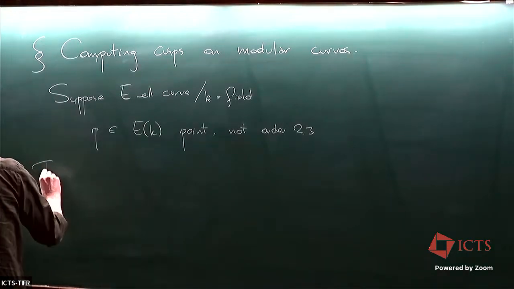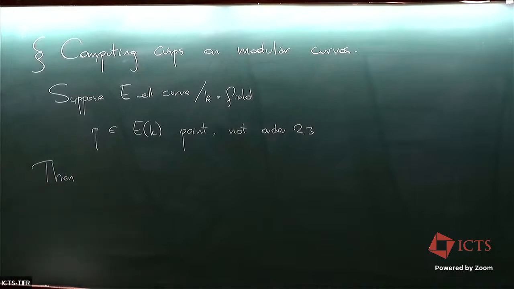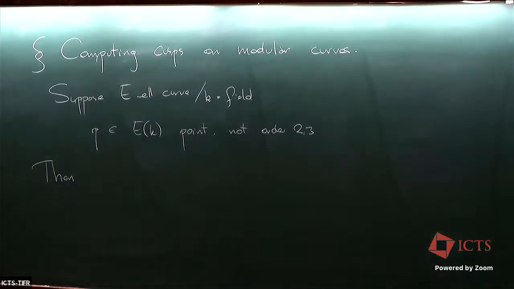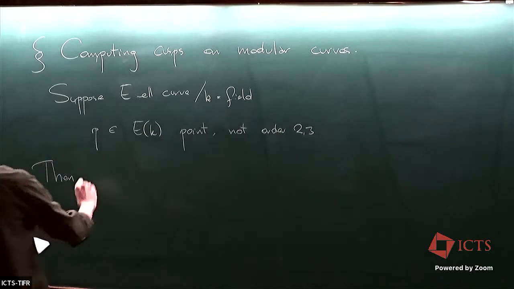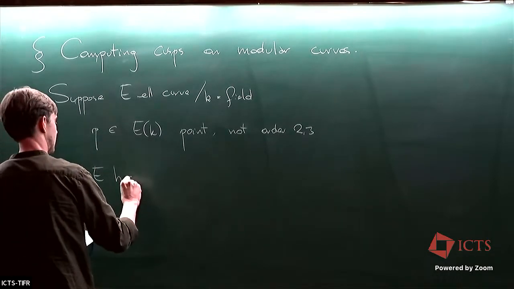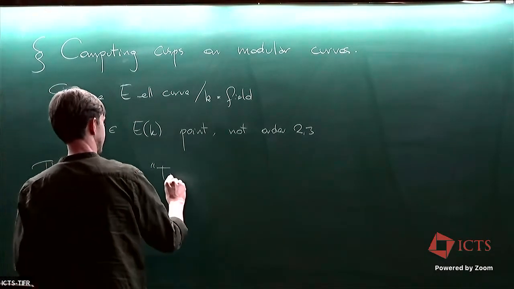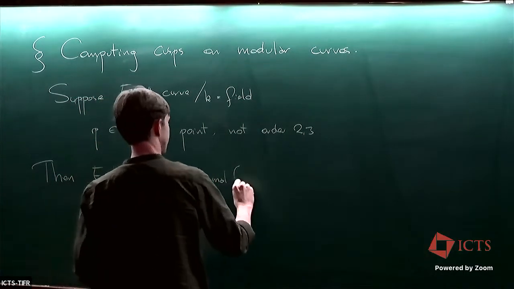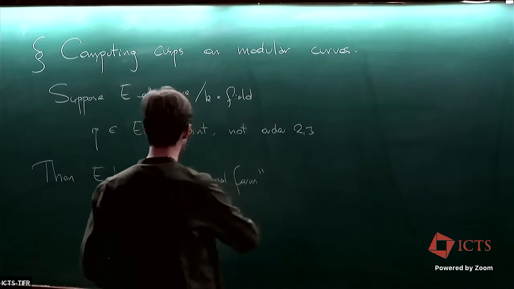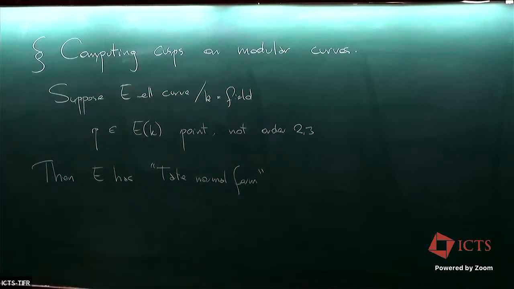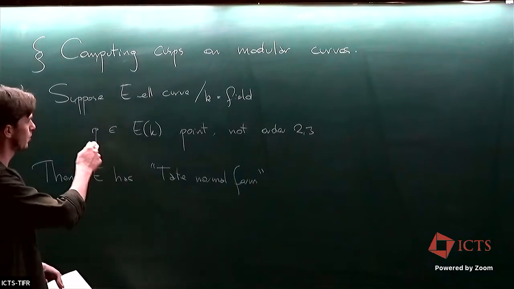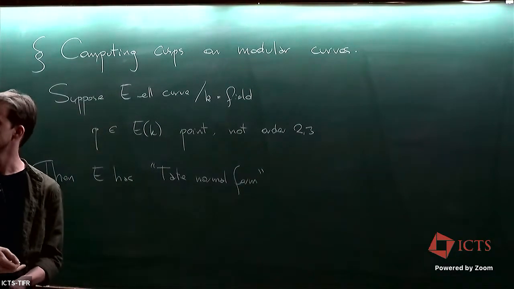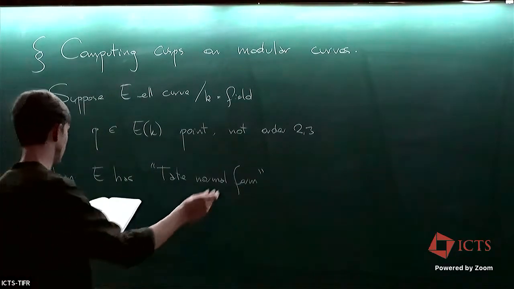Now, you see, under just these very general assumptions, we can put E in Tate normal form. First of all, if you have an elliptic curve and a general Weierstrass equation, we can translate by changing the coordinates this point that we picked to the origin. So already we know that the constant term will be 0.